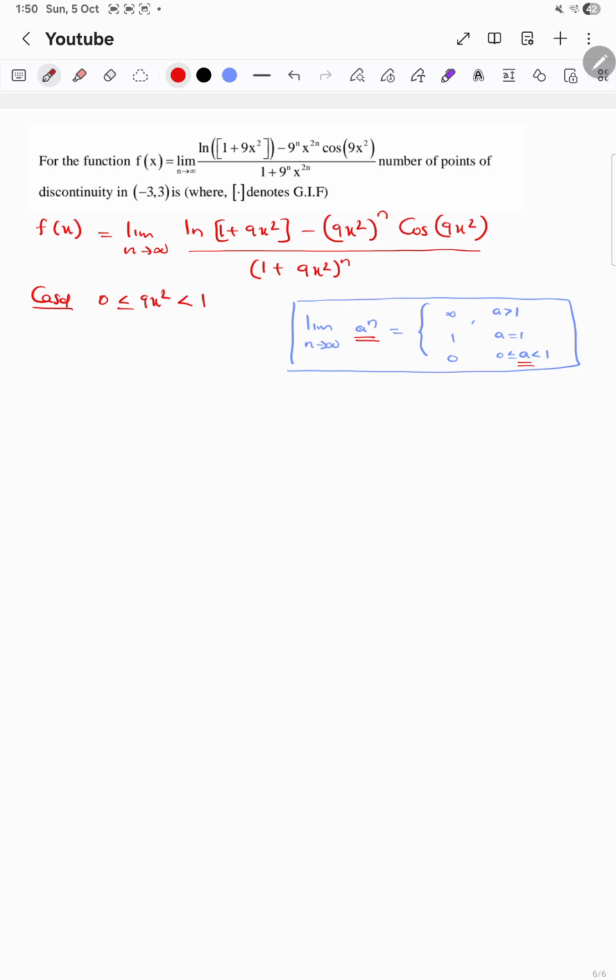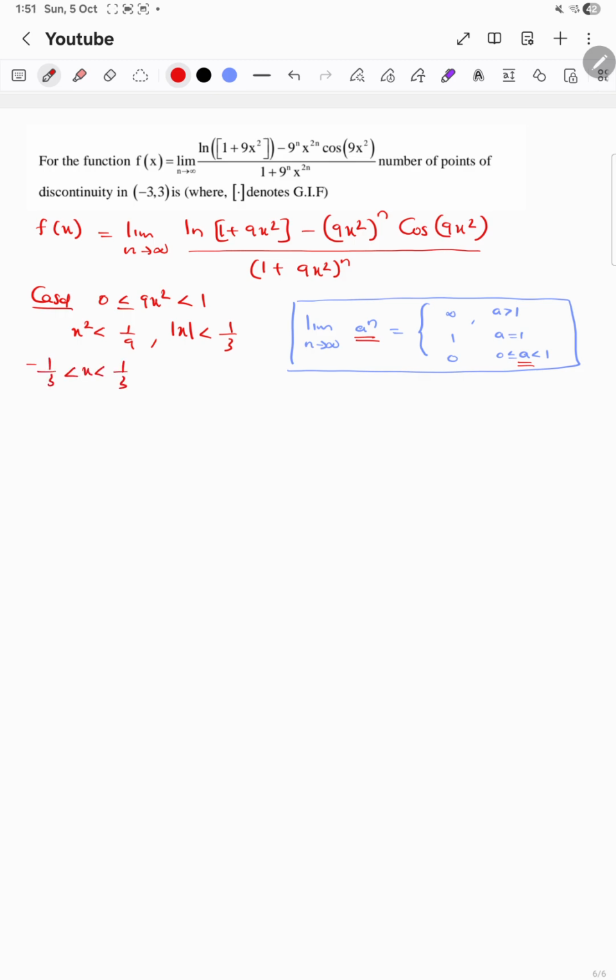It is clear that 9x square is always greater than 0. So I can directly go like this, x square less than 1 by 9. Why I am not writing the left inequality? That is obvious. It is true for all x values, so no need to write. So x square less than 1 by 9. So if I take root on both sides, root of x square, which is mod x, root of 1 by 9 is 1 by 3. So I got this inequality.